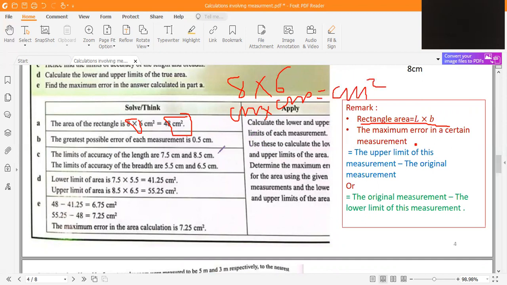So when we calculate the area of any shape, it is given in the measurement unit squared. We use the same idea to calculate finally the maximum error in the area, in centimeters squared.